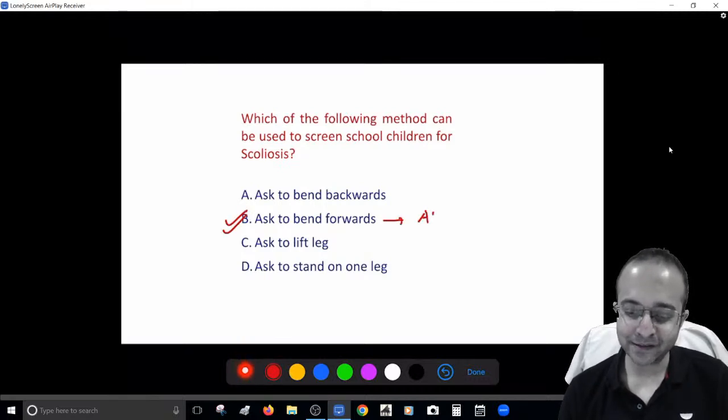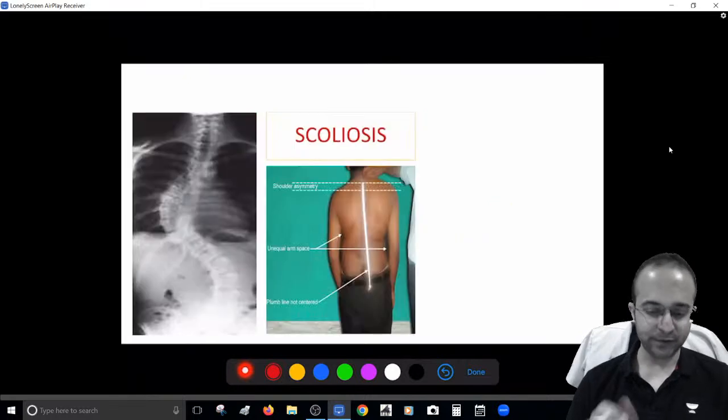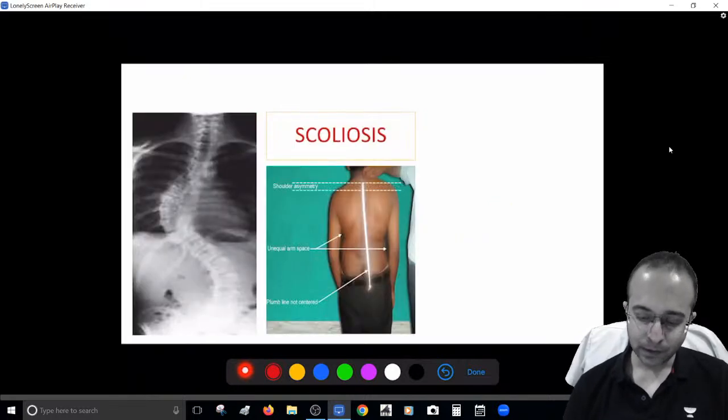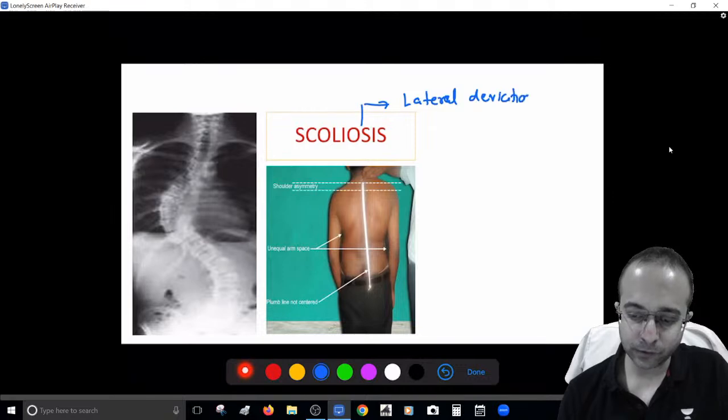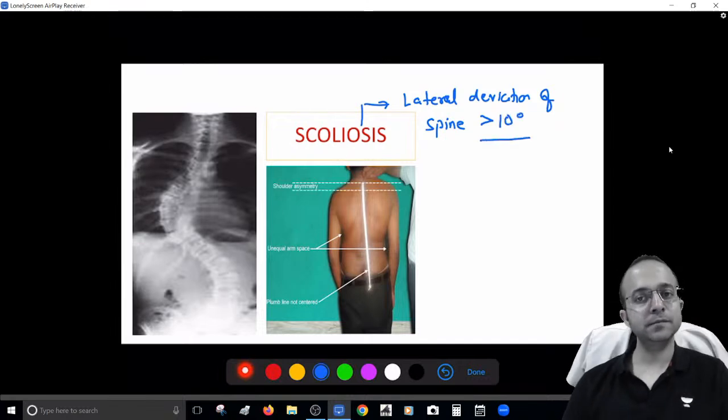Yes, in fact, this is a designated clinical test called Adam's test. So guys, scoliosis. First of all, I think you are pretty much clear as to what scoliosis is, where you have a lateral deviation of the spine that's more than 10 degrees.